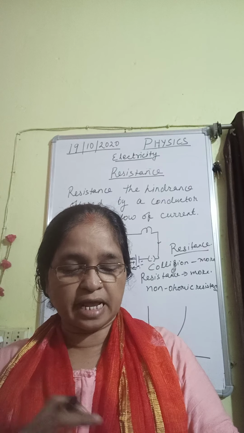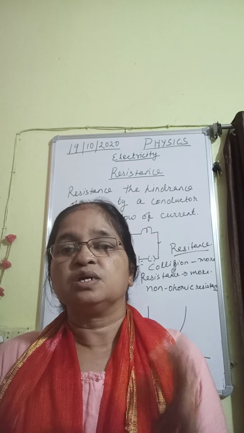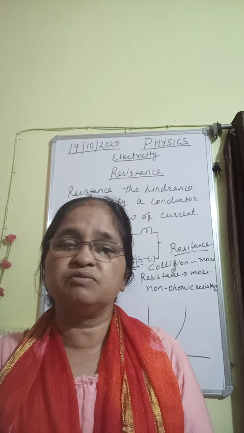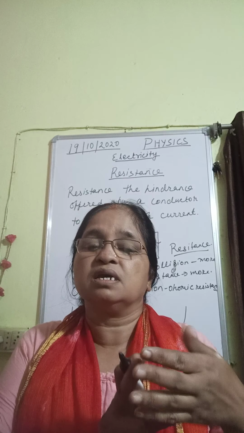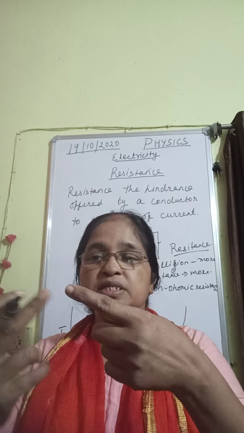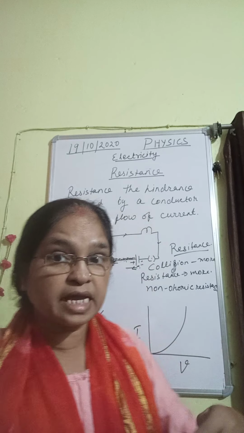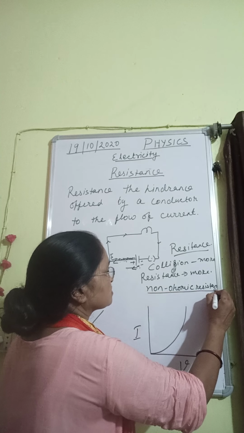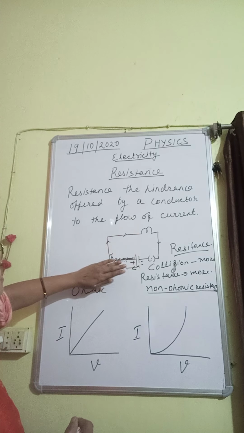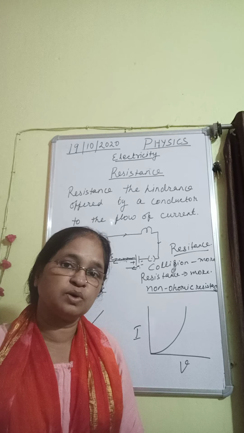And time is given to you that within 5 minutes you have to come back. Then what will you do? Naturally you will start moving, you will collide with one person, then another, and that collision inside the conductor is resistance. So resistance is the hindrance offered by a conductor to the flow of current.